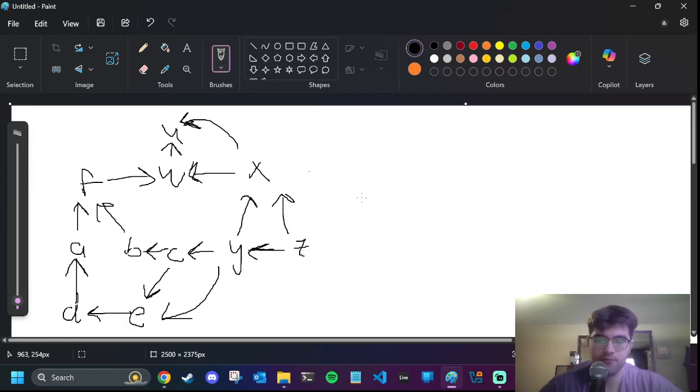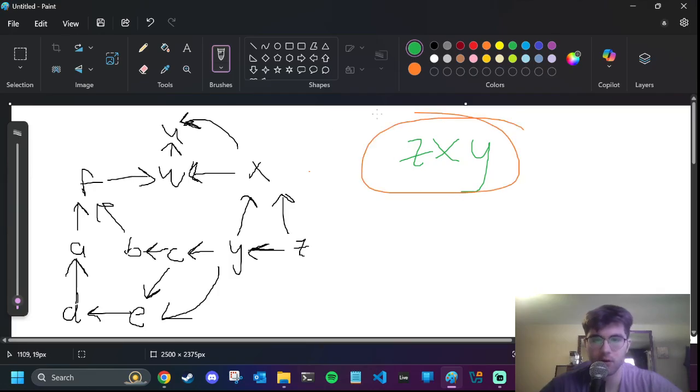Well, okay, so if there's just one, right? So if there's just Z, what happens if we breadth first search from Z? So we do Z, and then we could do X, and then we could do Y, which, if this is the smallest, then this would be wrong. So we also have to account for this.